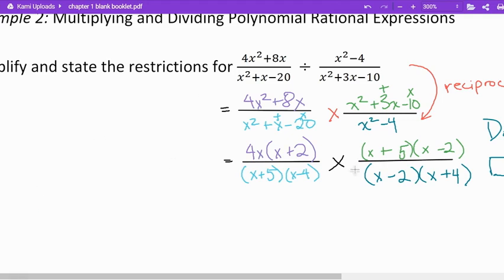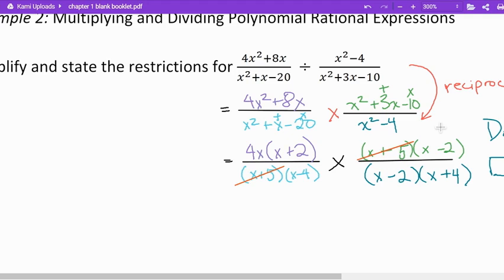Okay. So what we can start doing is cross canceling. And so I notice, sorry, I'll give you a moment. So I notice that I have an x minus 5 in the denominator and the numerator.